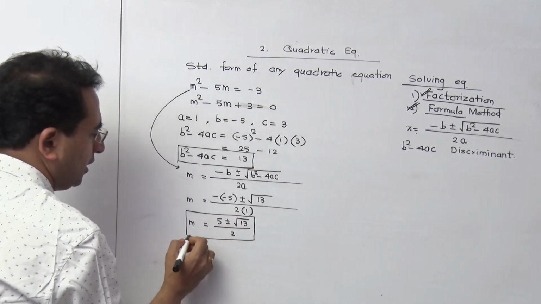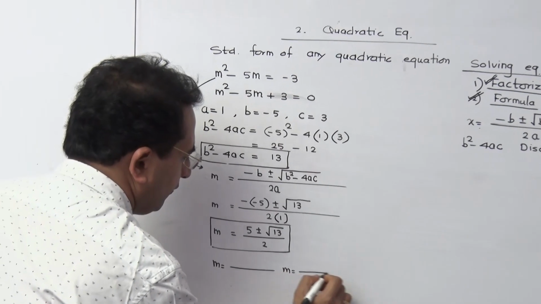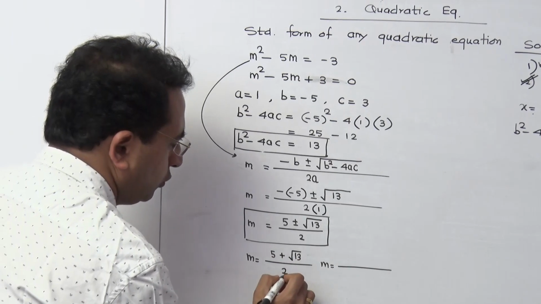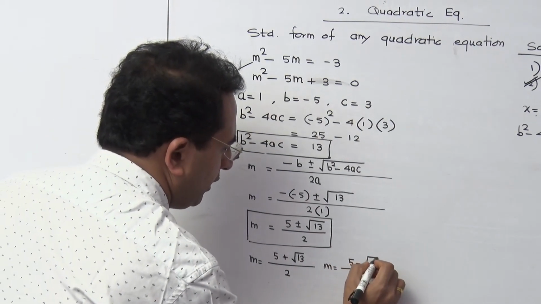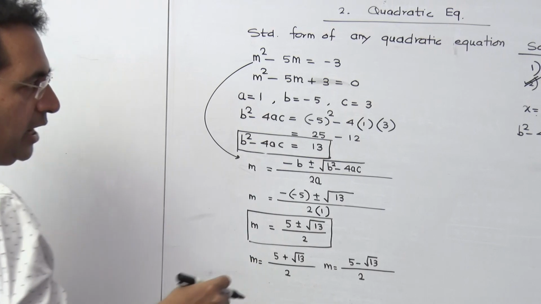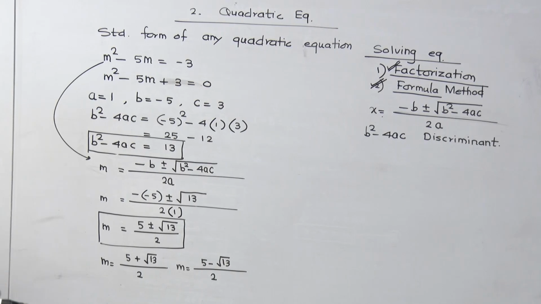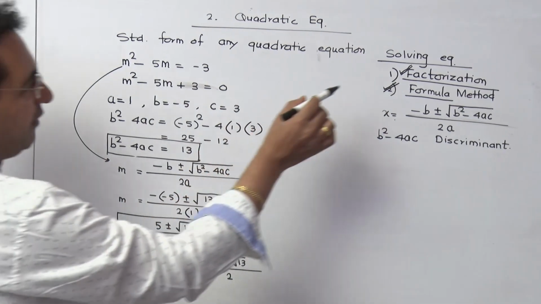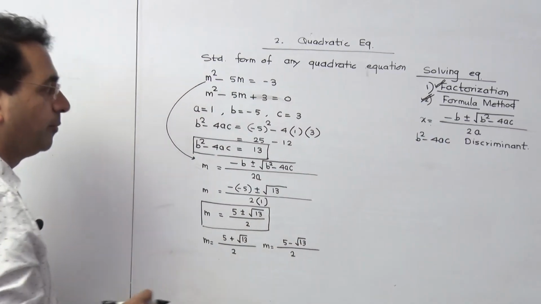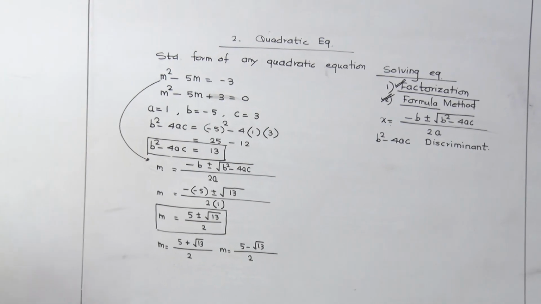We have to write the final answer like this, that is expected in the exam, where m value is either 5 plus root 13 upon 2 or 5 minus root 13 upon 2. I hope this particular formula application is clear. I told you earlier that the content of the topic is very small and that's why one question on factorization and one question on formula method is 100% asked in the exam, so better you practice this thing properly. I hope this particular point is clear to you.